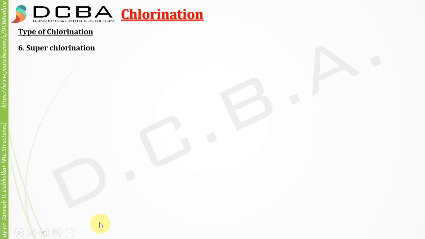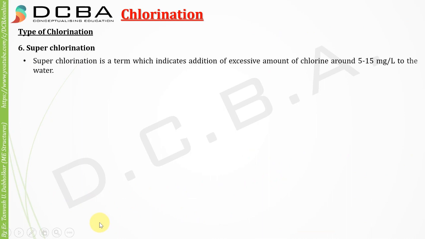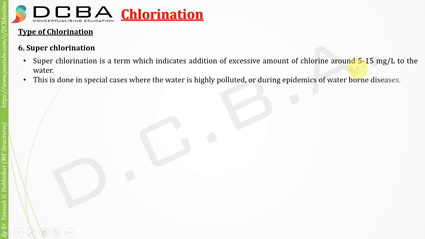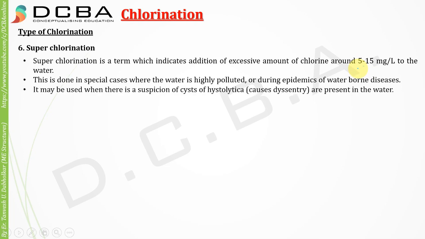So at that time, superchlorination is practiced, and the chlorine which is used is a huge amount, 5 to 15 milligrams per liter. This is done in special cases where the water is highly polluted or during epidemics of waterborne diseases. It may be used when there is suspicion of cysts of histolytica, or the cysts which are causing dysentery are present in the water.